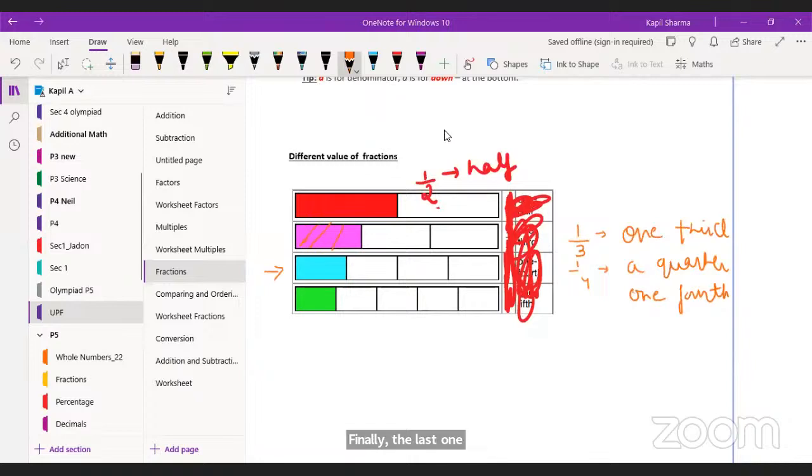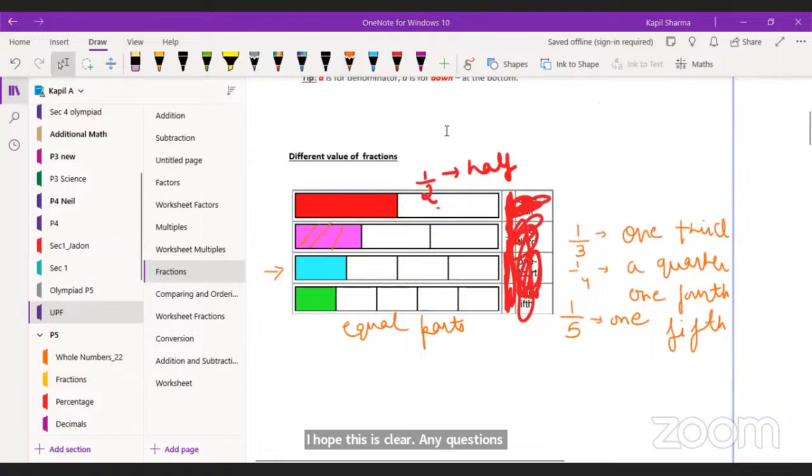Astik, it's pretty straightforward. You can see here the bar is divided into 5 parts. 1 is shaded, so it's 1/5. All of these parts are equal. It's important. These are equal parts. So 1/5. Fine. I hope this is clear. Any questions?